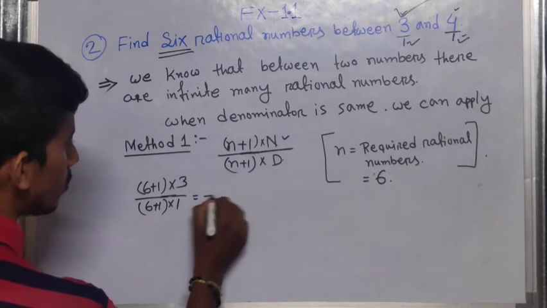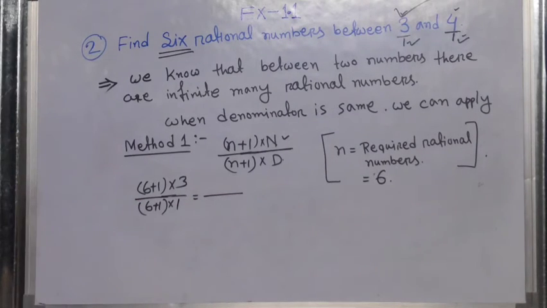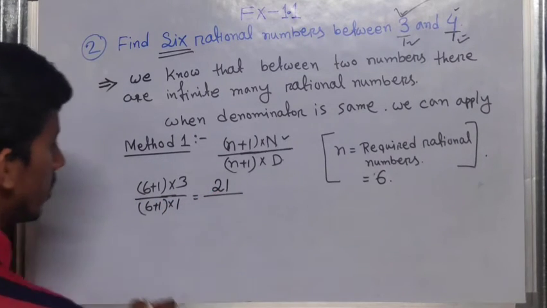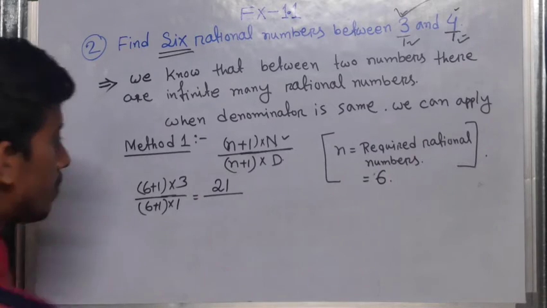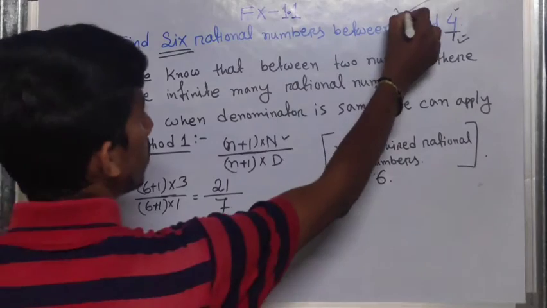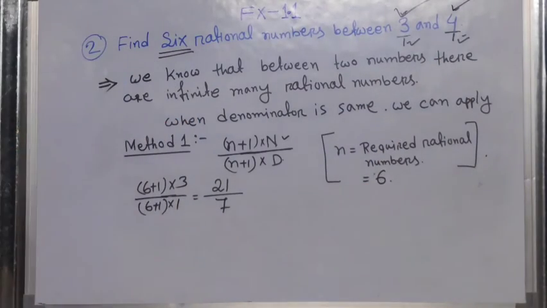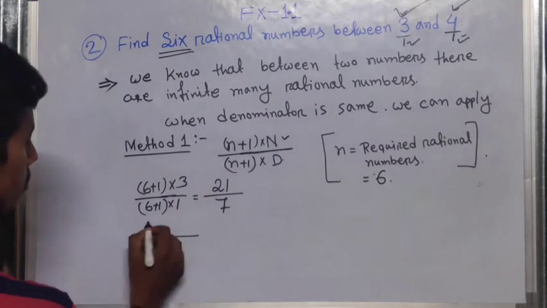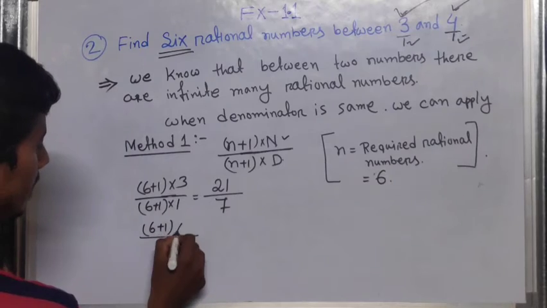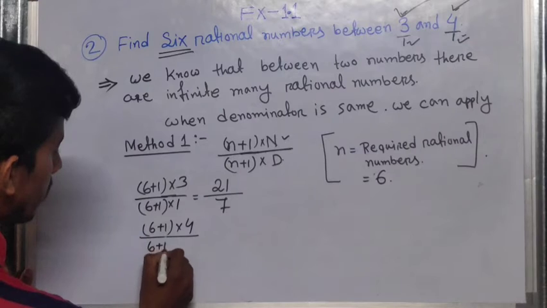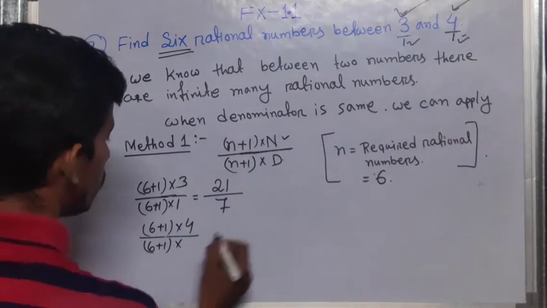So now you solve that one. 6 plus 1 is 7. So 7 into 3, 7 3s are 21, and here 7 into 1 means 7. Clear? Now this is the first one. Now the second rational number you take, same way you find out. 6 plus 1 into numerator 4, again 6 plus 1 into denominator 1.